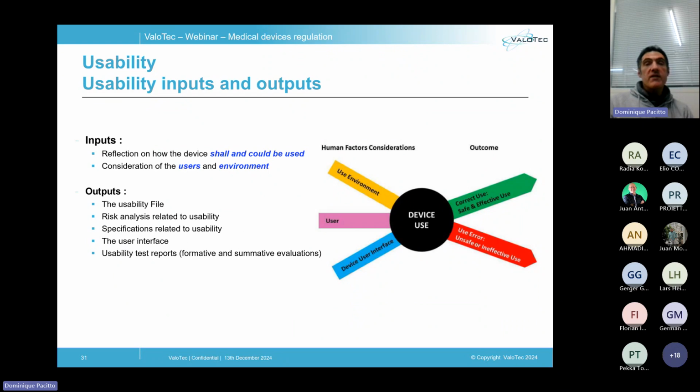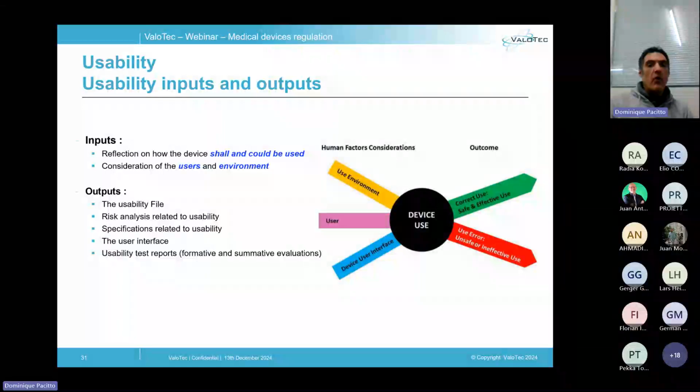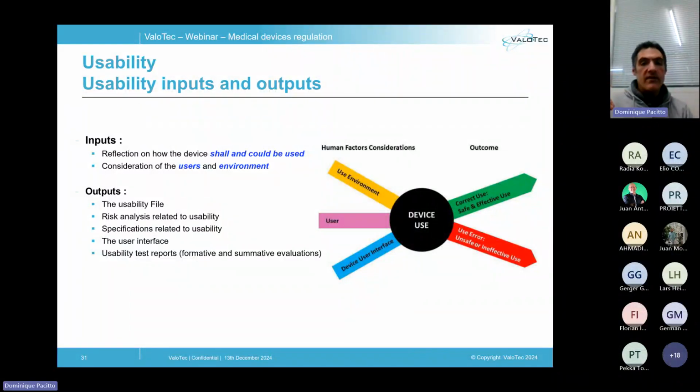We are going to see this development cycle in detail, but for now, let's consider this standard as a black box. As input, the usability study takes the functional specification of the device, including the intended use, the famous use case, and the description of the users and the environment.